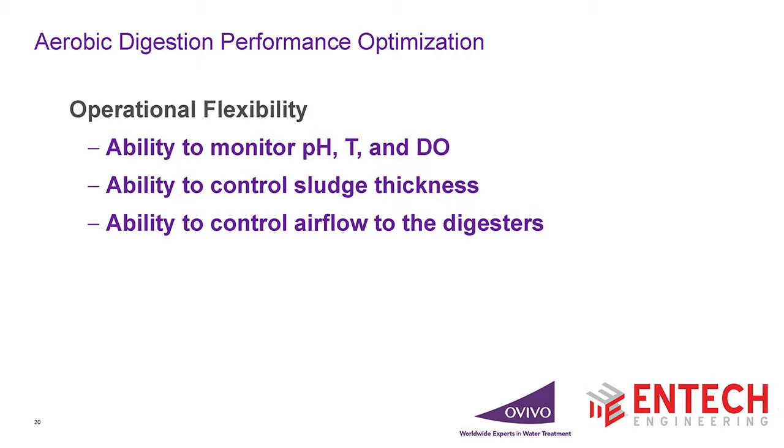So then the operational flexibility. To do this, you really only have to monitor, pay attention to three things. One is the pH, because the pH helps to tell us, are we putting too much air in, or are we putting enough in? Because we produce alkalinity, but we also produce acidity.